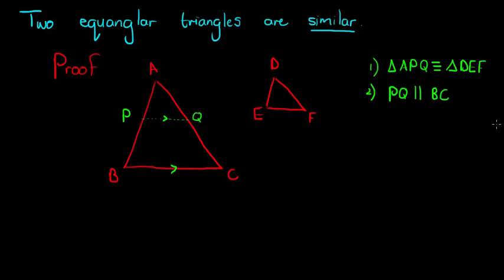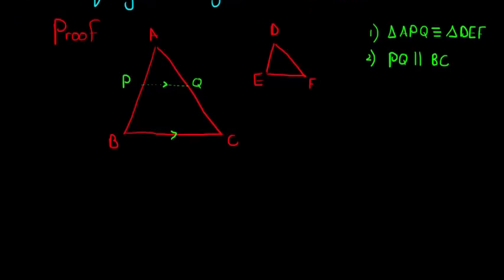And then we'll have what we want. Okay, so that's the outline. So the third thing we'll do is we'll use the proportion theorem. That was the previous theorem we learned.